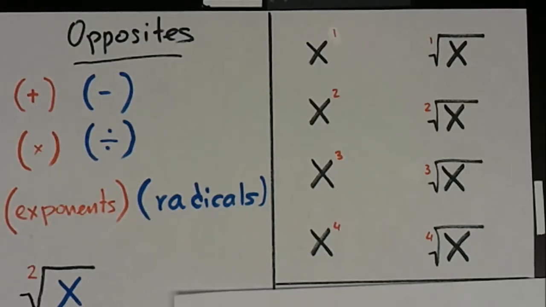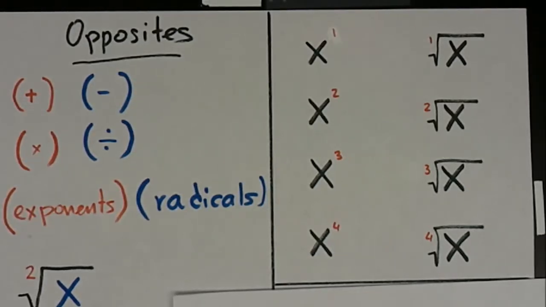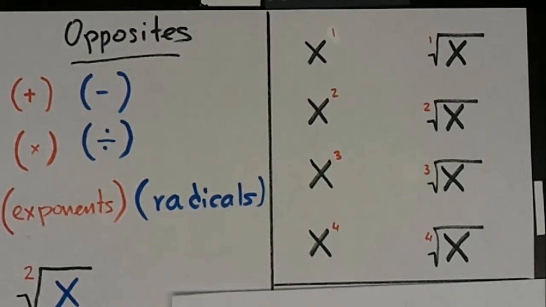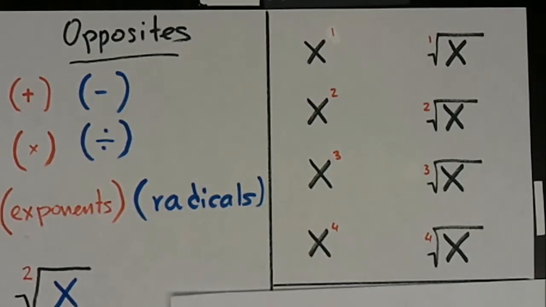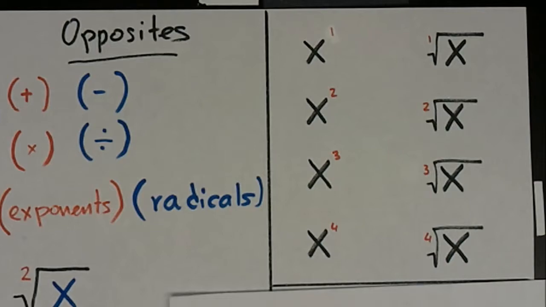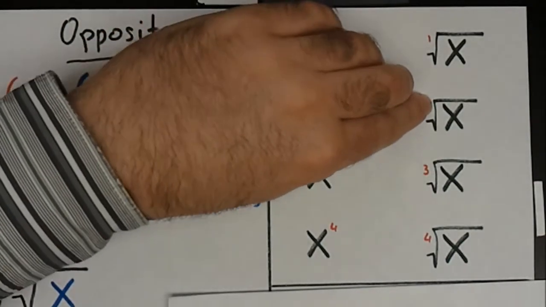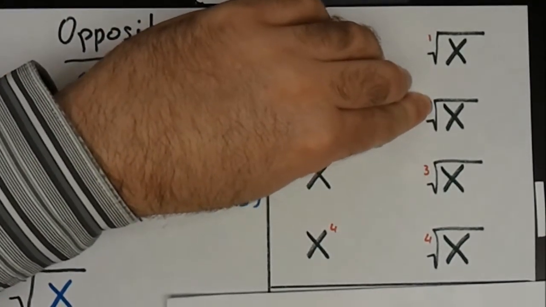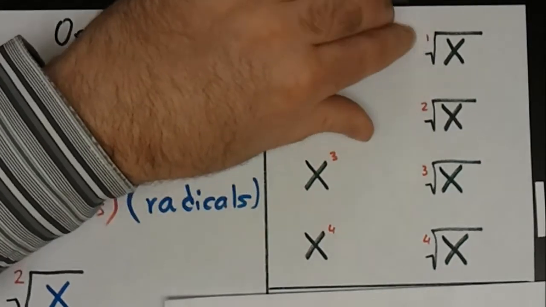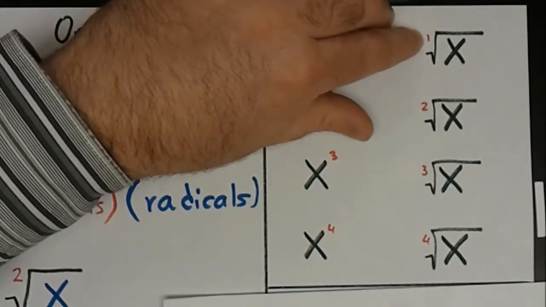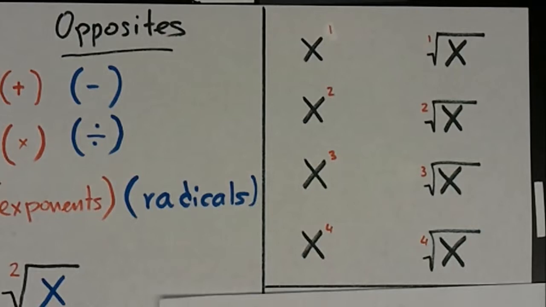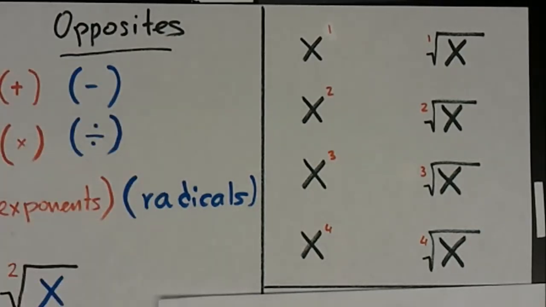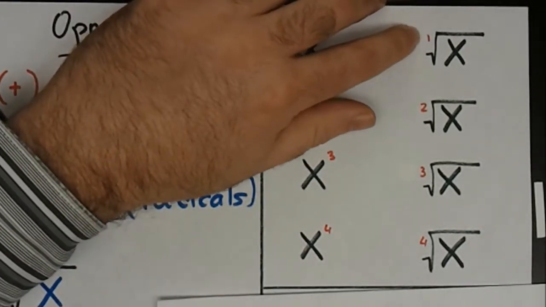Now, a mathematical convention that I don't like at all, and I prefer that it wasn't like this, but in math, for whatever reason, they don't write the power of 2 for radicals. They just leave it blank, because a power of 1 in radicals doesn't really exist. Just like an exponent to the power of 1, we don't write it, so we never write a radical to the power of 1 at all.